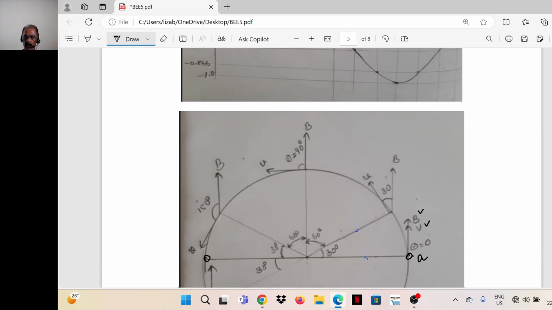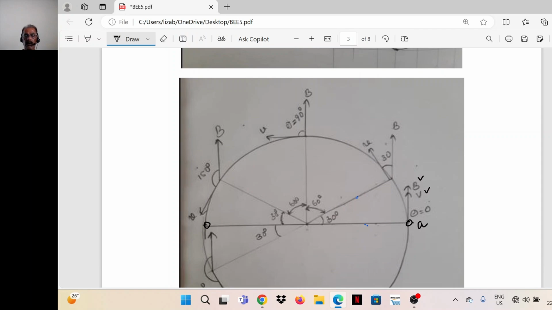Now assume the coil is rotating counterclockwise through an angle of 30 degrees. That means A comes here. The conductor A occupies this position. Now let's see what the angle is between the flux density and linear velocity vectors.